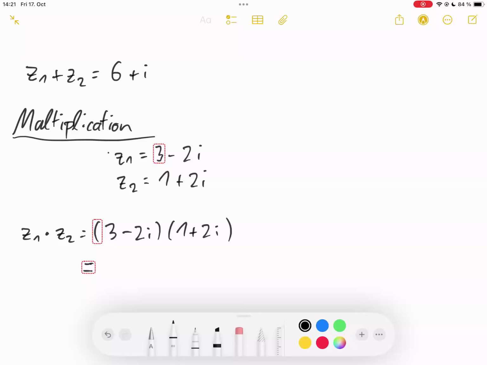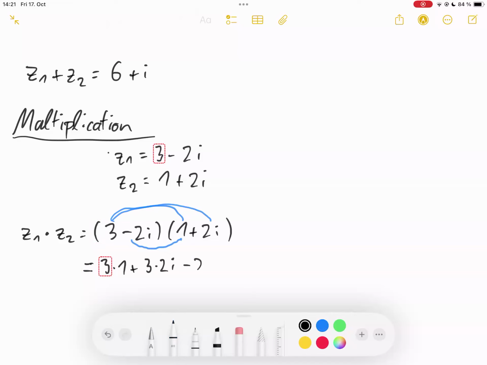We get multiple answers, but a majority for one. So what we see is it's 3 times 1. This is the first one. Then we have plus 3 times 2i. Then we have the next component, which is the minus 2i times 1.